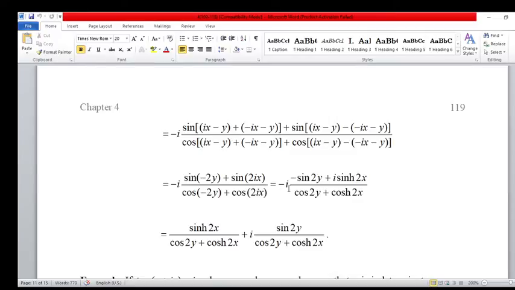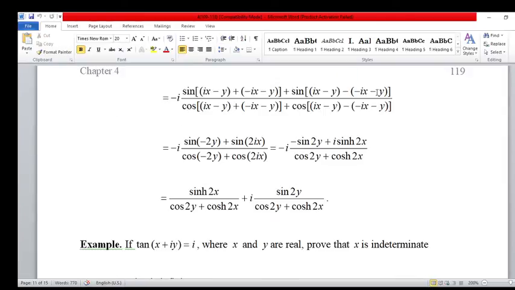Sin minus theta means minus sin theta, so this is minus twice y plus i sin hyperbolic twice x, upon cos minus theta, which means cos theta, so cos twice y plus cos hyperbolic twice x. Now separate into first part upon denominator and second part upon denominator, with the minus i multiplying in the numerator.